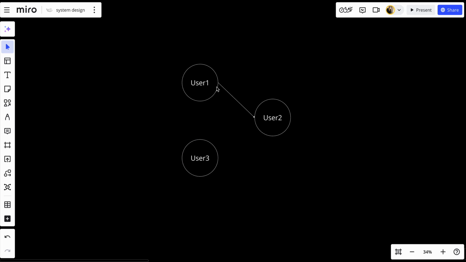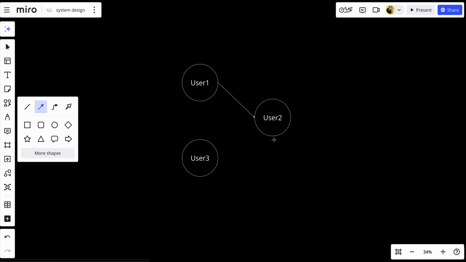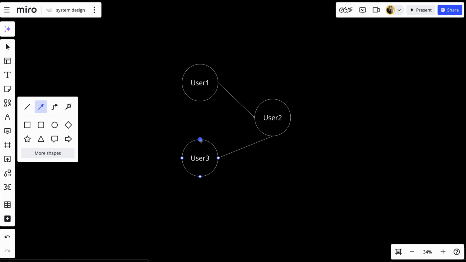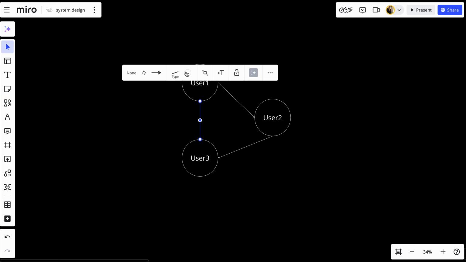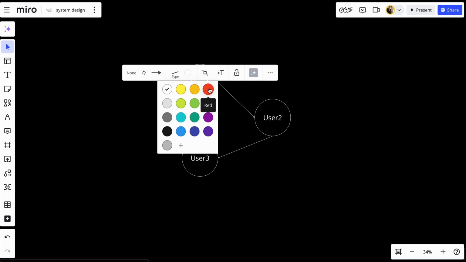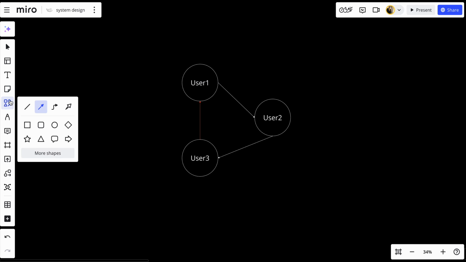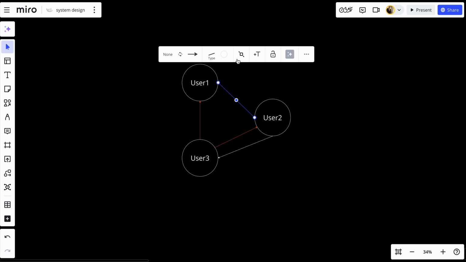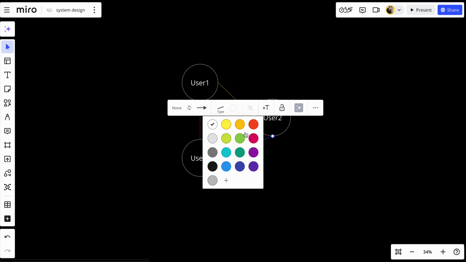So user 1 follows user 2, user 2 follows user 3, and user 3 follows both. Let's give each user a different color, so it will be easier for us to see what's going on here.